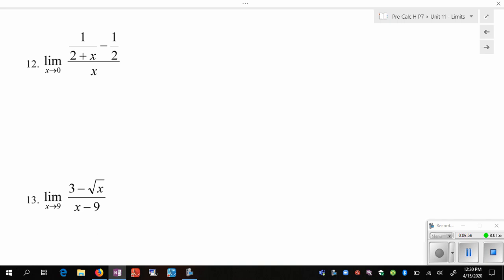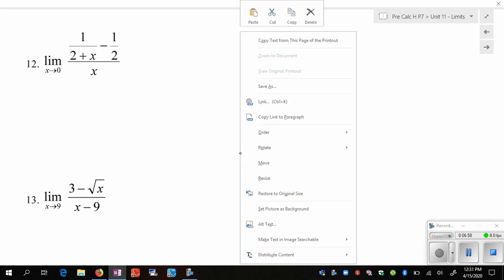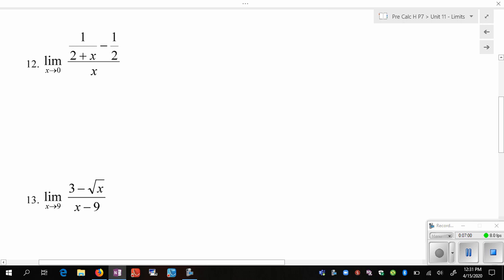So the least common denominator of all the little fractions, so this and this and this, is 2 times 2 plus x. That's my least common denominator. So if I multiply the top and bottom by that, let's see, let's do this first.